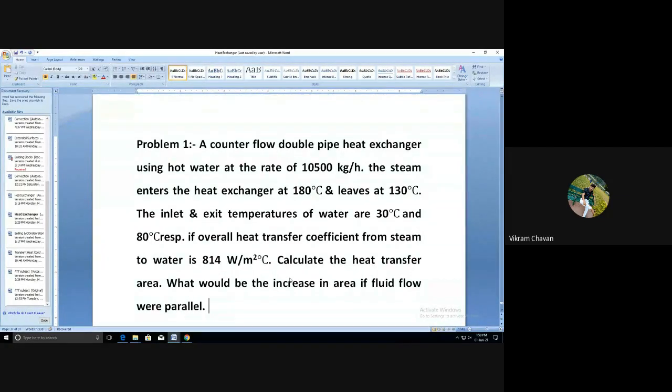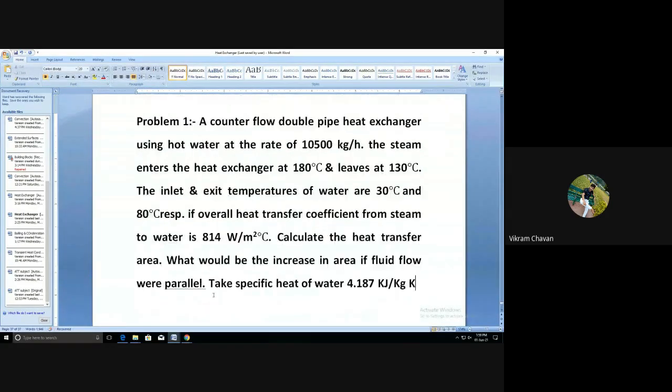Take specific heat of water as 4.187 kilojoule per kg Kelvin. Okay.